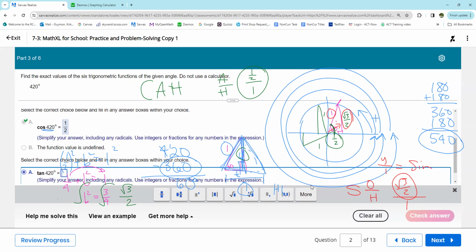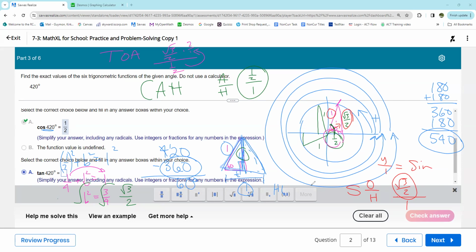Tangent, TOA, opposite over adjacent. So my opposite side was the square root of 3 over 2, over the adjacent, which next to it again was that 1/2 for cosine. Instead of dividing by the fractions, I'm going to multiply by the reciprocal.